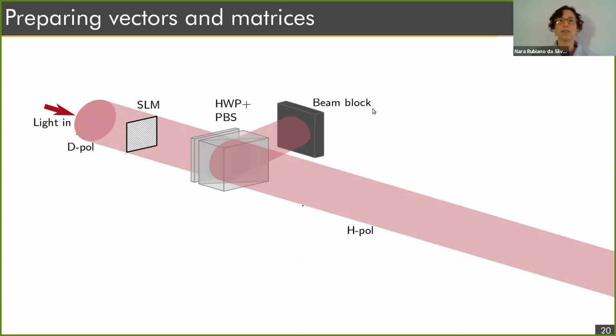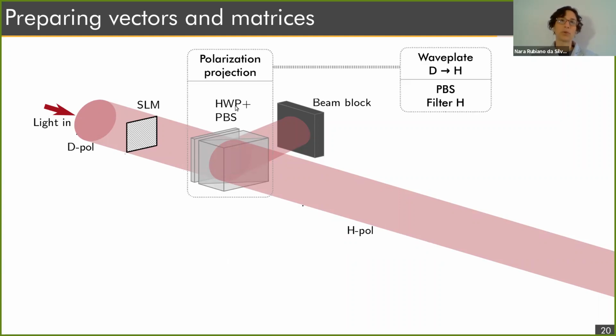So here is a quick overview of the experimental setup that we propose for preparing the vectors and matrices. Here you see we send diagonally polarized light to an SLM, and then we use these two elements here to project the polarization, which means in the end that we filter only the diagonal component of the beam coming to these elements and project it to the horizontal direction.